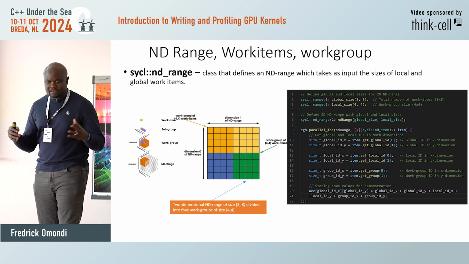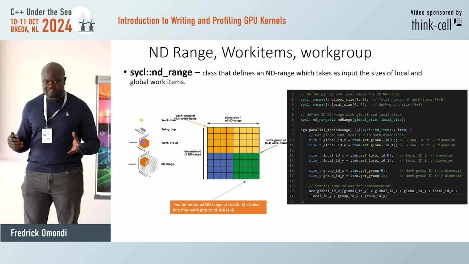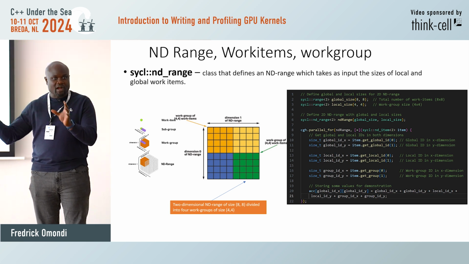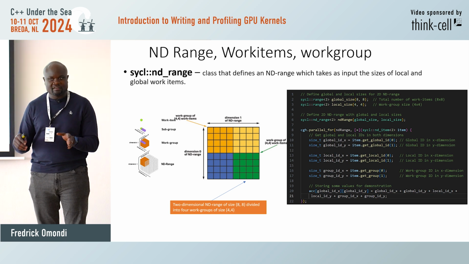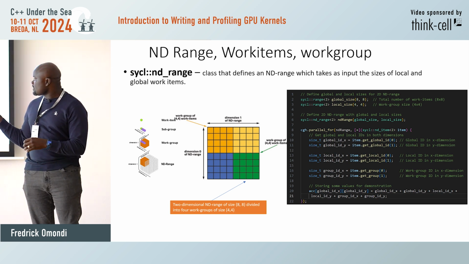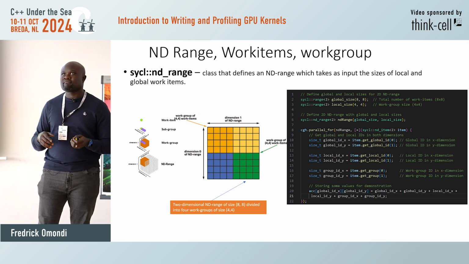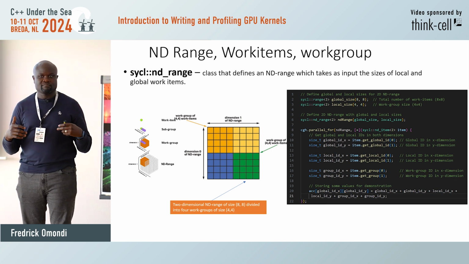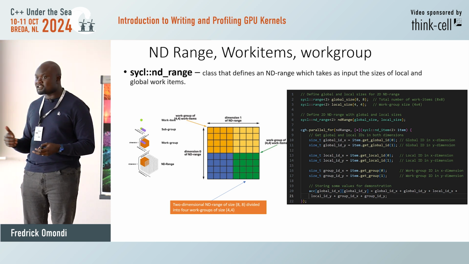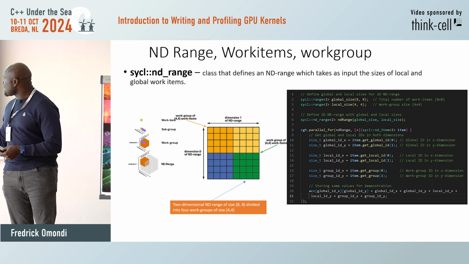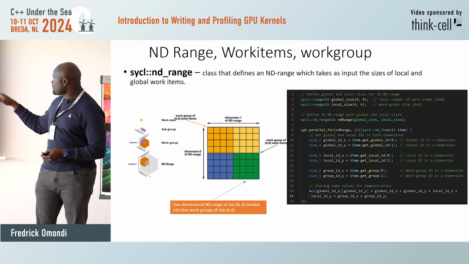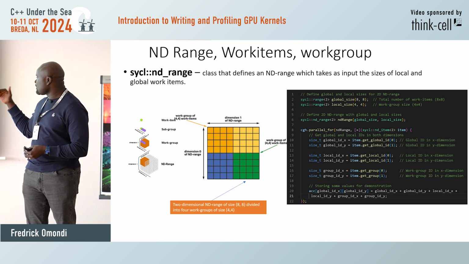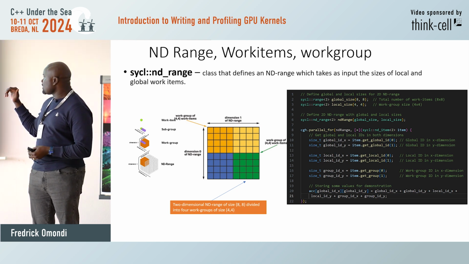The way a GPU is architected is that there are many execution units capable of doing work that is submitted to it. And in that sense, a GPU uses a divide and conquer approach in executing tasks. So you typically find that the input data or work is broken down into different work groups.